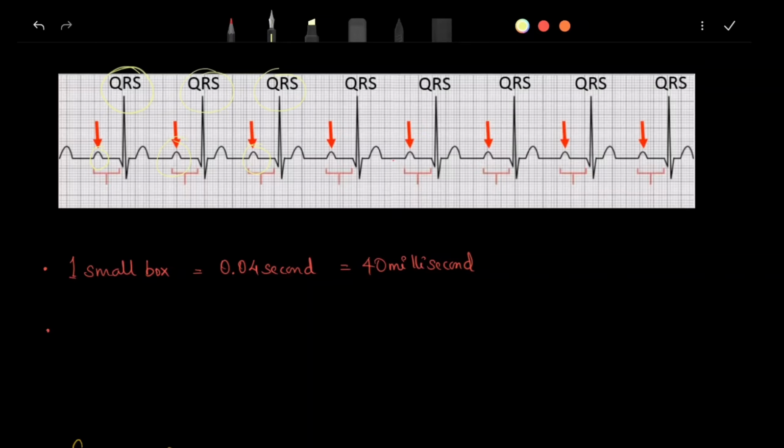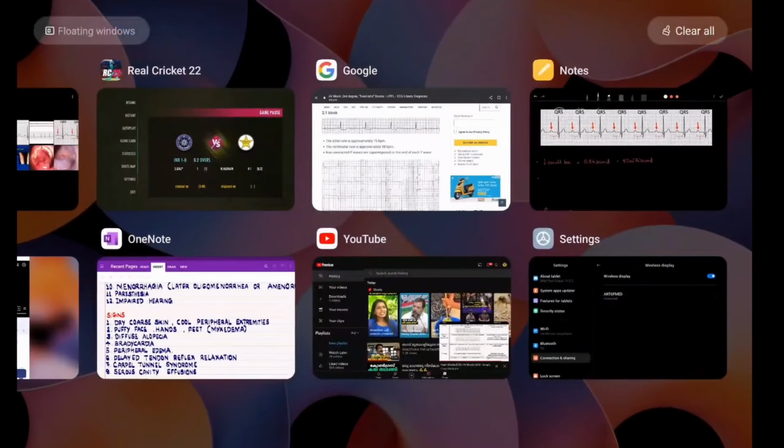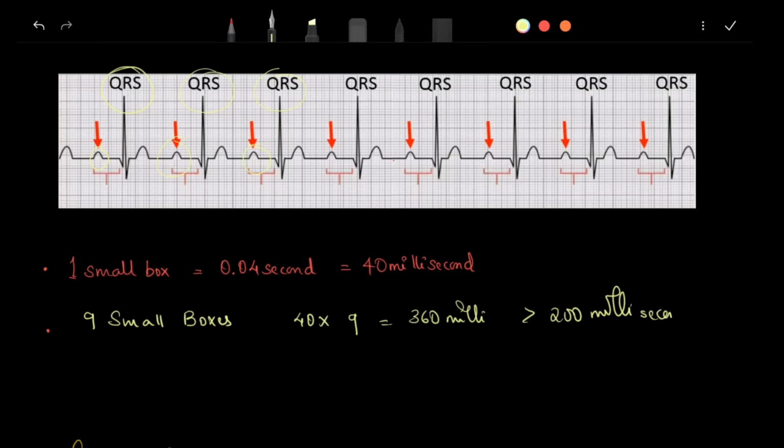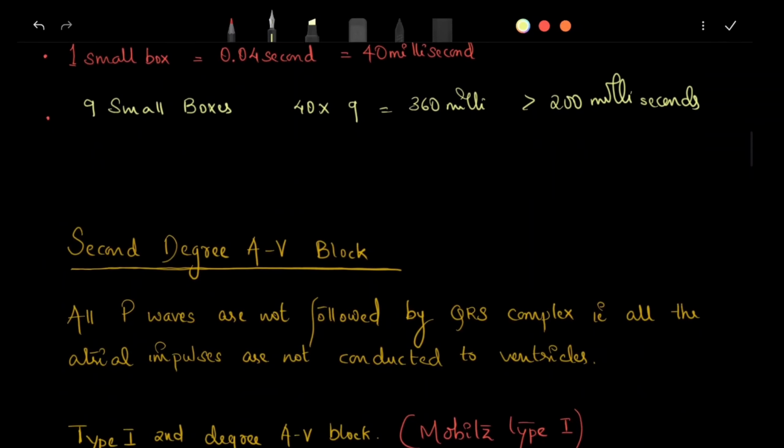There is one big box and four small boxes, so totally it is 9 small boxes. 40 milliseconds into 9 is 360 milliseconds, which is greater than 200 milliseconds. So this is a prolonged PR interval, and that will be constant also. That is a constant prolonged PR interval.